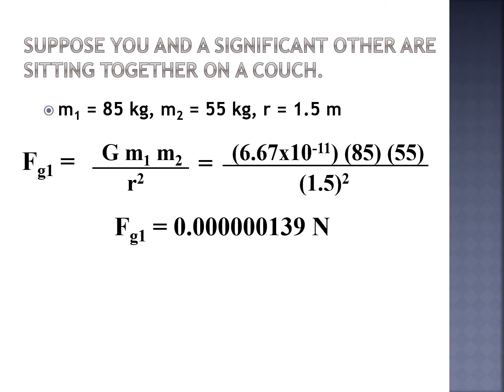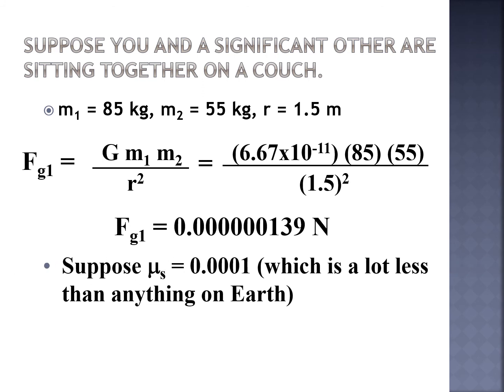Well, let's look at this a different way. We have a force of gravity attracting you, but what's stopping you from moving together? That would be the force of friction. So let's suppose that the surface of your couch is made of the most slick surface we could possibly come up with. There's nothing on Earth that's actually this slick. You don't have two surfaces that can actually have a coefficient of static friction of 0.0001. So let's figure out how much force of friction can be applied.